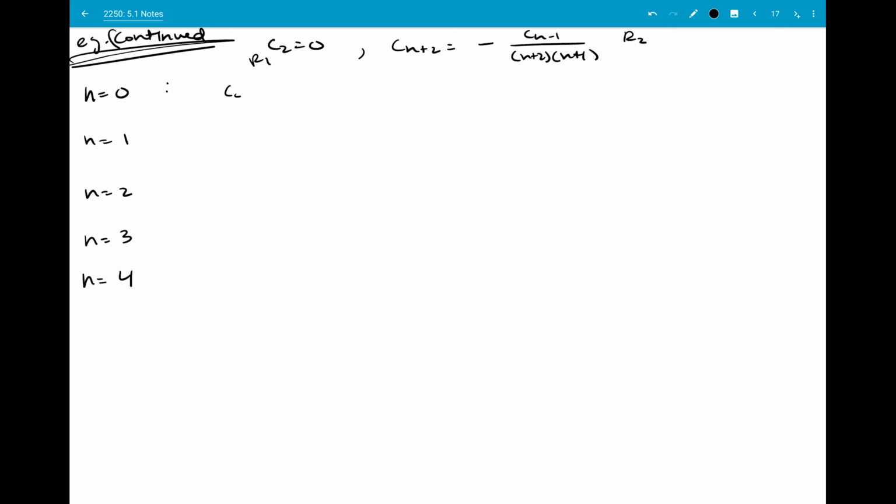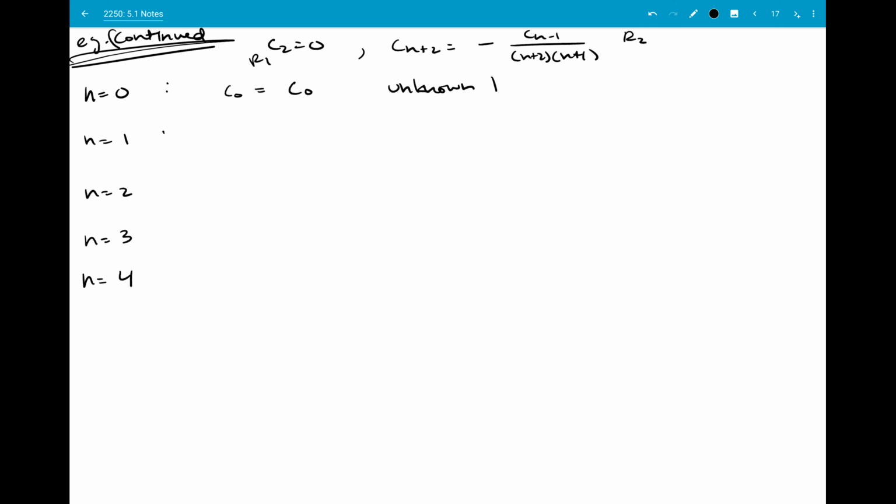So for n equals 0, I'm looking at C0. And I want to know, does anything here tell me what C0 is? I know that C2 is 0, and I know there's a relationship between terms up to n minus 1. But since I don't know any terms yet, when I've gotten to the point C0, I don't know anything until I reach C2. I'm going to go ahead and say C0 is one of my unknown coefficients. So that's my first unknown.